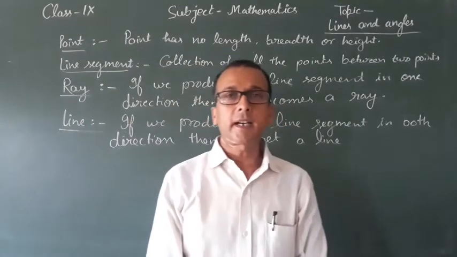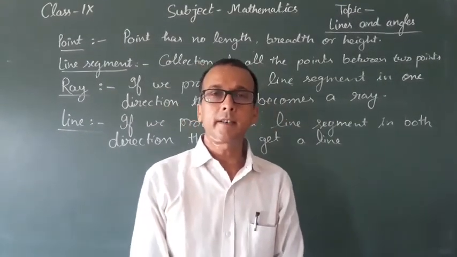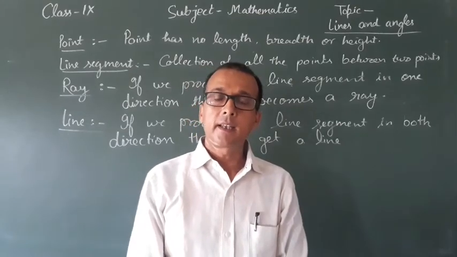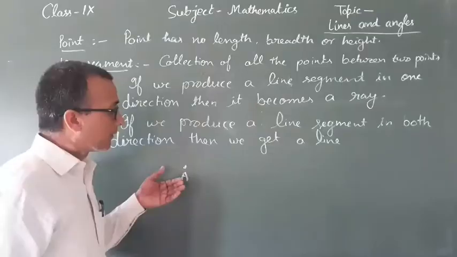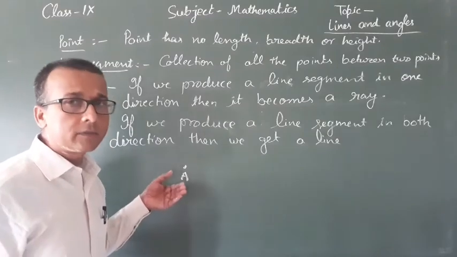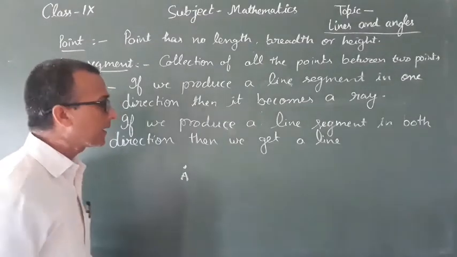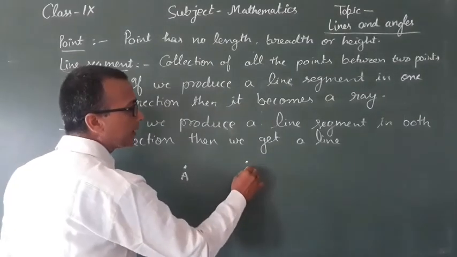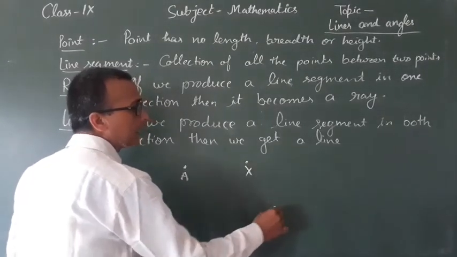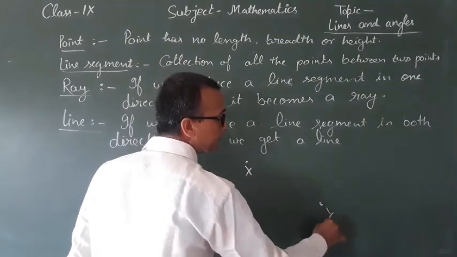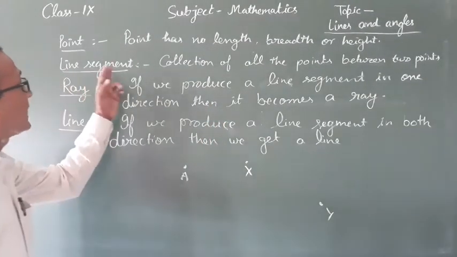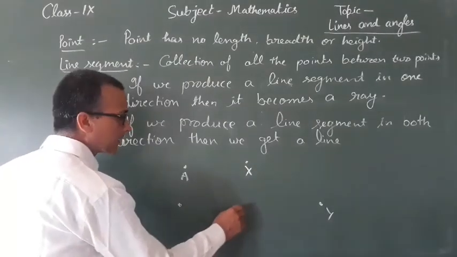Let us discuss how we notate a point, a line segment, a ray and a line. For a point, we usually use a capital letter and a dot. It is point A, it is point X and it is point Y. For a line segment, 2 points.